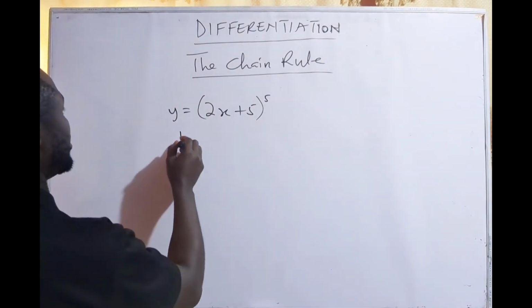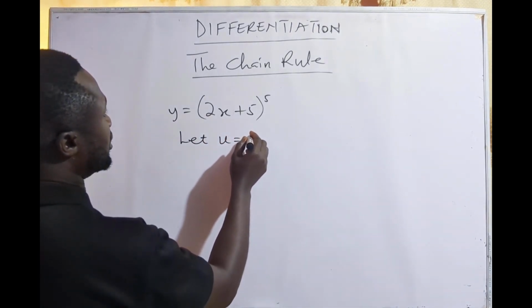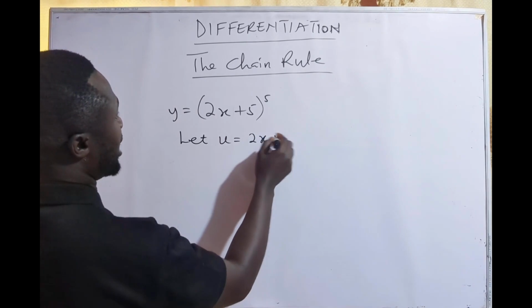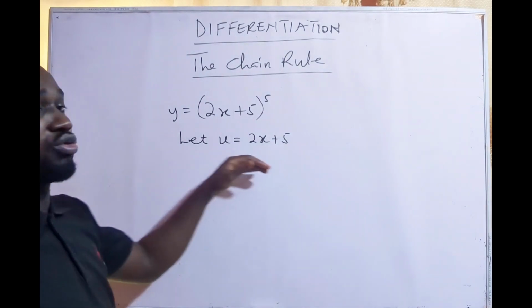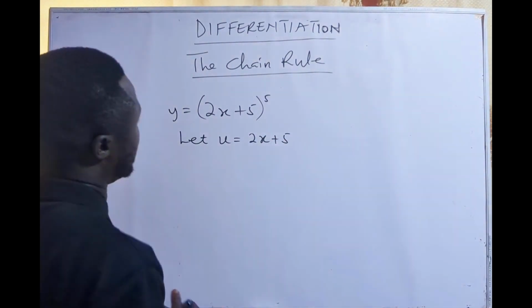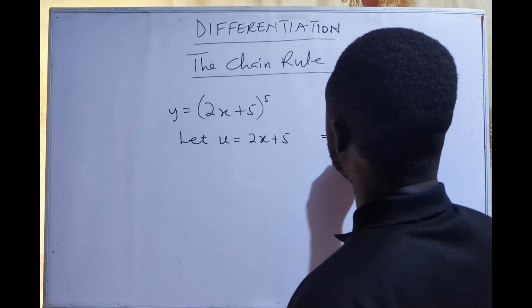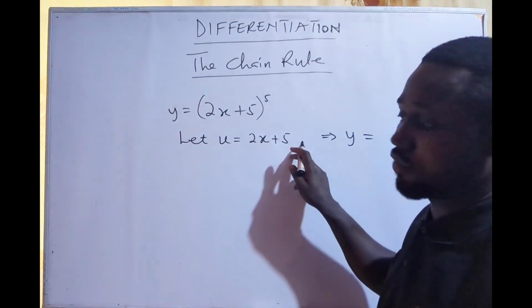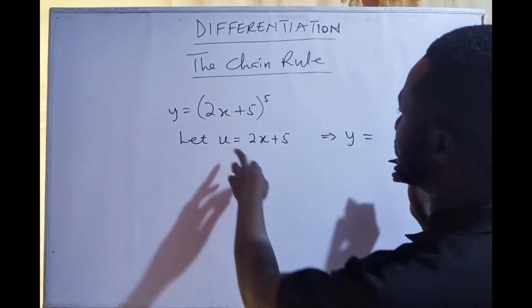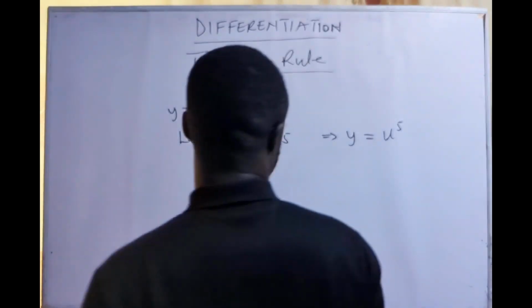Let u be equal to 2x + 5. If u is 2x + 5, then I can say my y will be equal to u to the exponent of 5.